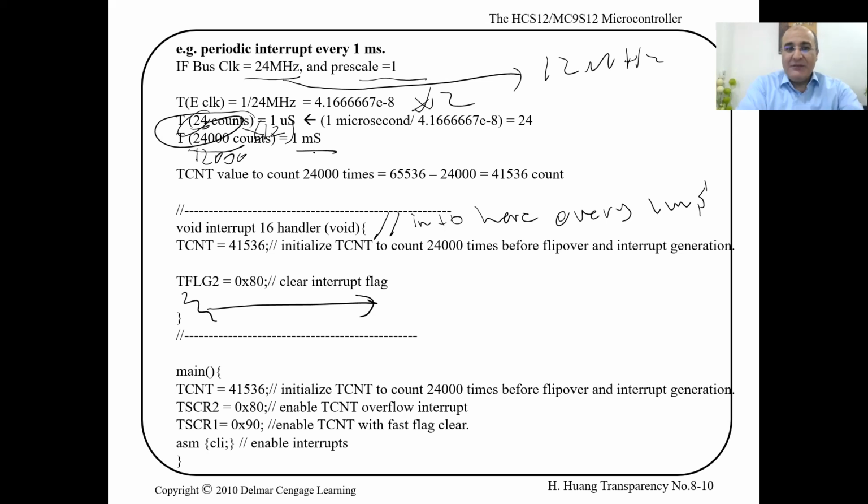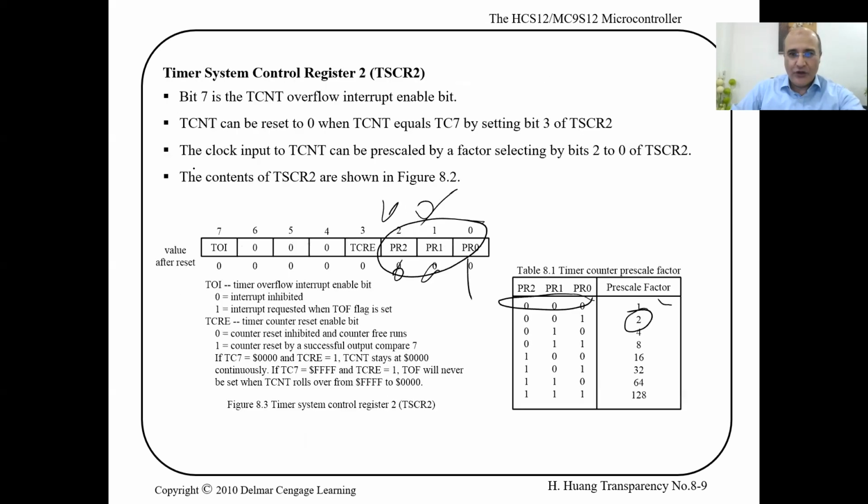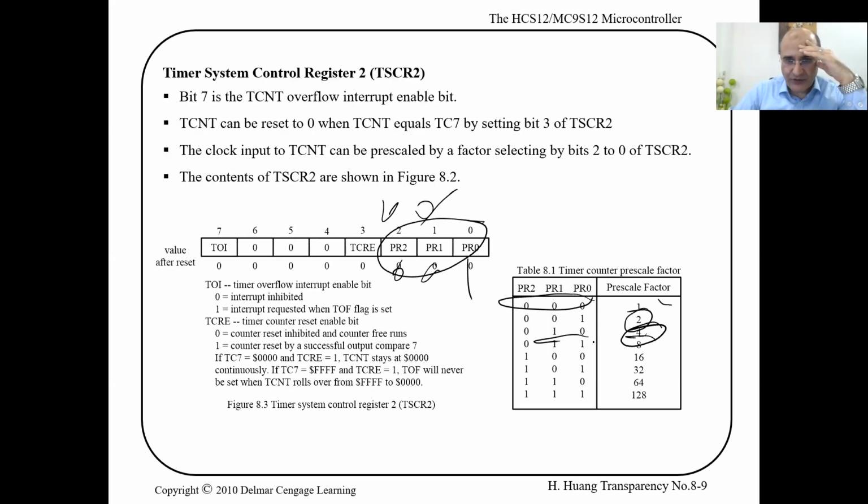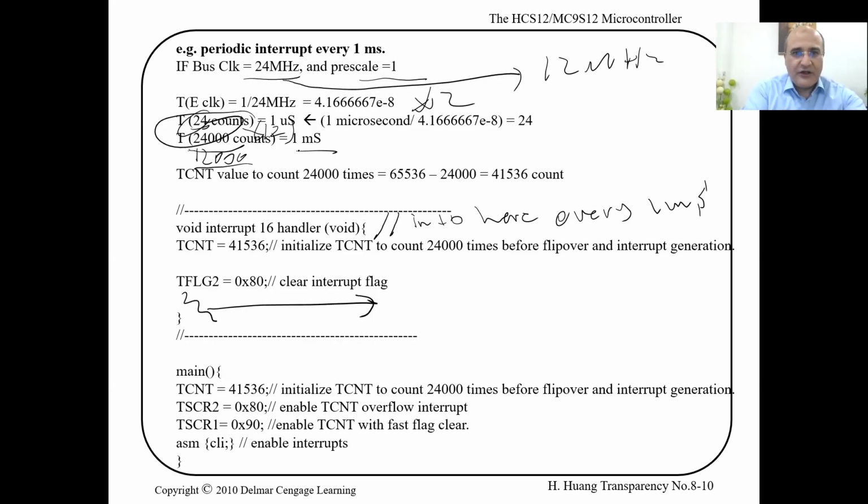Now, if I want 10 milliseconds, 12,000 counts is not enough. You can even divide by 2 again, so you can change this value, another divide by 2, by 4. How fast is our clock? 24 meg. Okay, another 2. Then you get 1 millisecond every 6000 counts. For 10 milliseconds you make it count to 60,000 times.